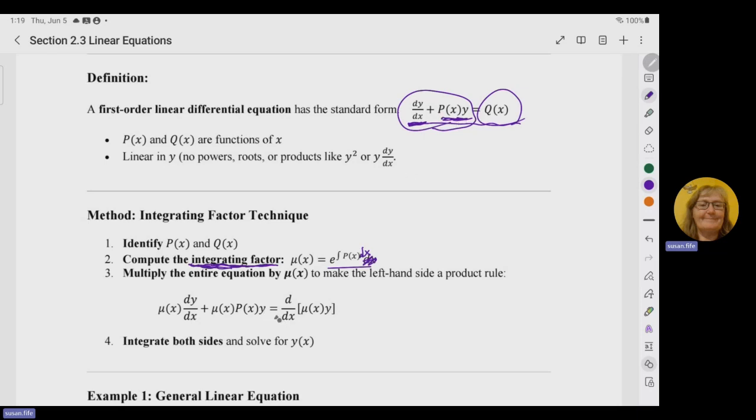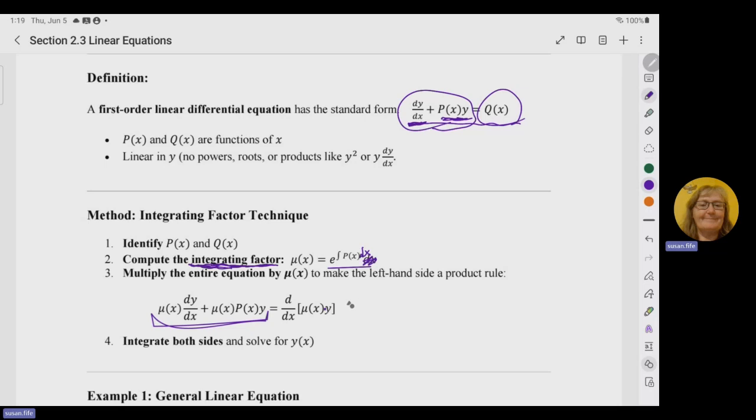On the right side, you get mu of x times q of x. But notice that the left side of the equation can be written as a single derivative, the derivative with respect to x of mu of x times y.